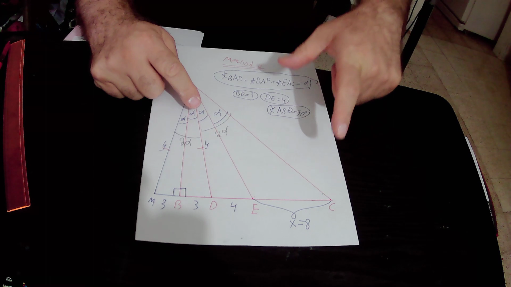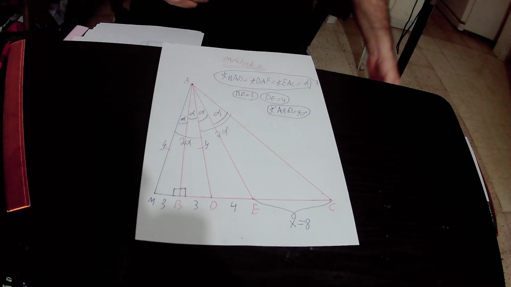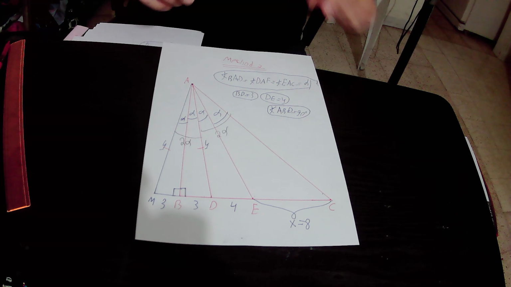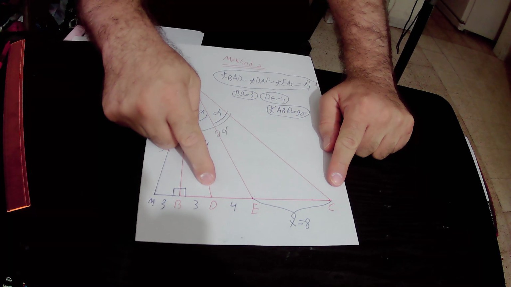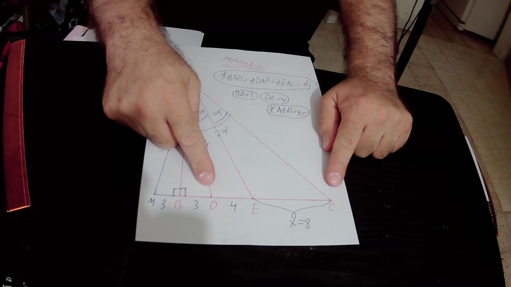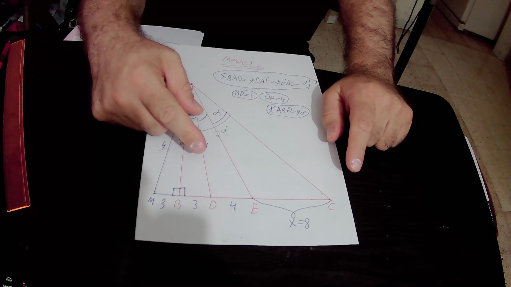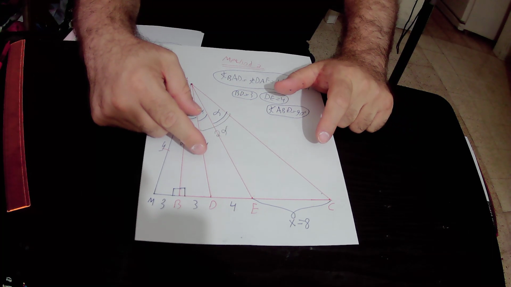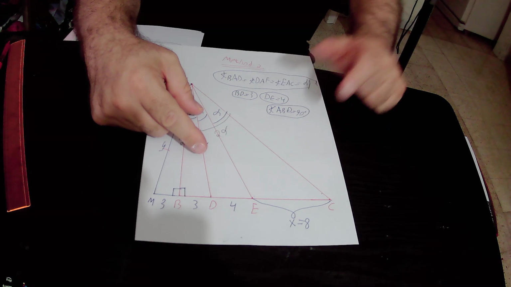Therefore, AE is an angle bisector in triangle DAC, and we have the rule of the angle bisector: the angle bisector AE divides side DC in a ratio, that is to say DE over EC must be equal to the ratio between the angle legs, and the angle legs are AD and AC.